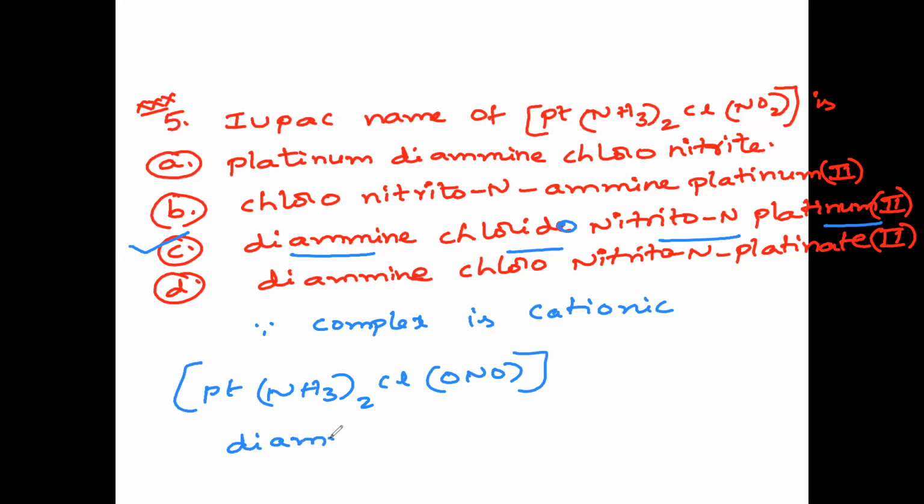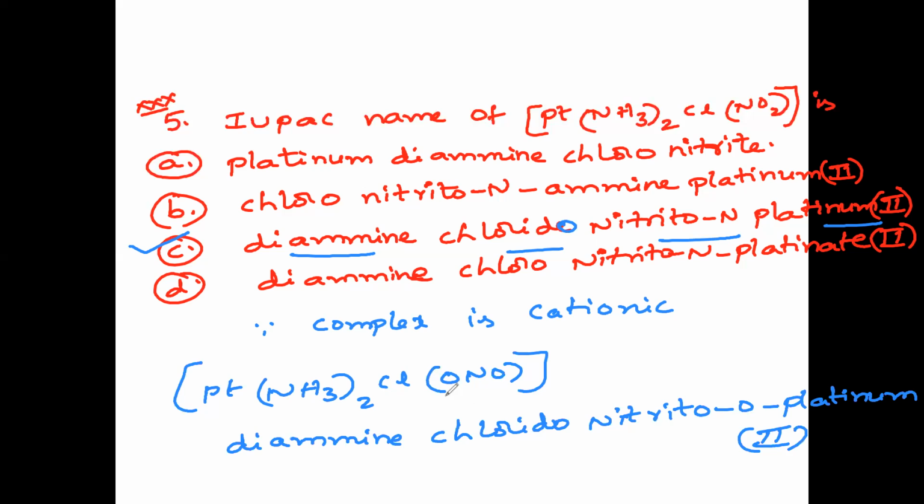Please note down: diamine chlorido, that is alphabetical order of ligands, chlorido, nitrito O, platinum 2. This is the answer. When they are given ONO, we have to write nitrito O. When they are given NO2, we have to write nitrito N.